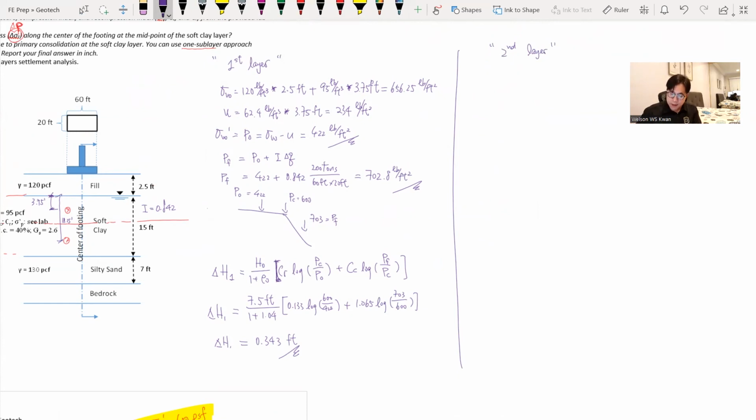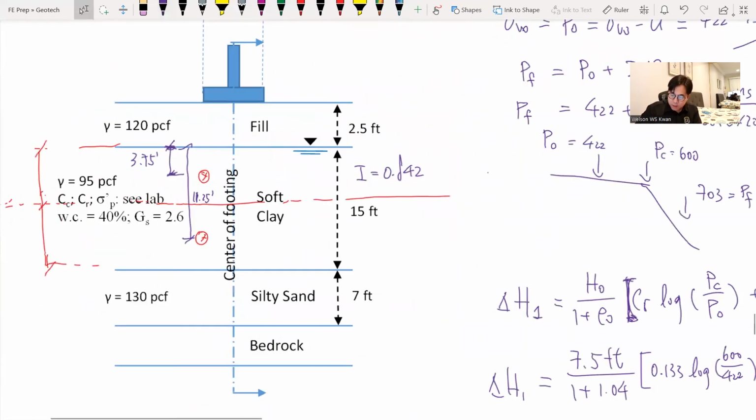We do the same thing again. We need to find out the stress at the midpoint of the second layer. The same calculations, and now the location changes. The depth we are using now is 11.25 feet, because we are looking at the midpoint of the second half.